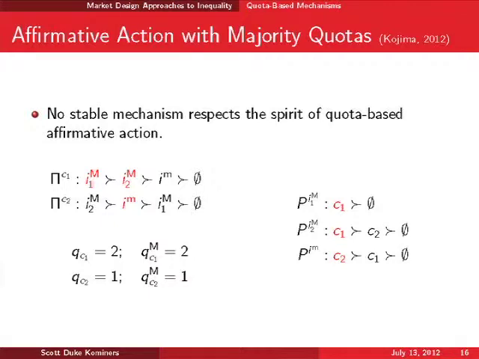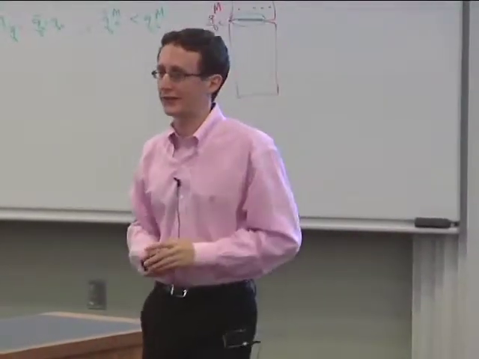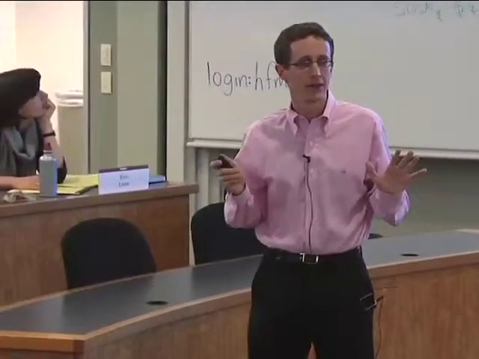Each school has, the capacities are 2 and 1, and the quotas are 2 and 1. So the students can go wherever they like. There's in fact a unique stable match, and it is to send the 2 majority students to school 1 and the minority student to school 2. I guess they're self-segregated in this example, but that's not actually relevant or necessary for the robustness of the example.